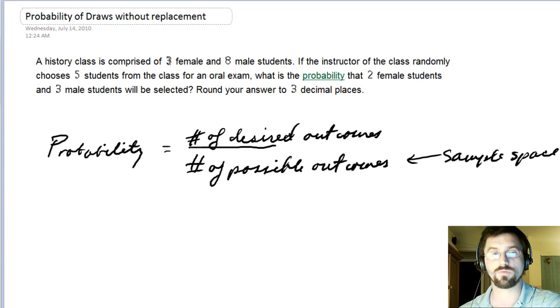A history class is comprised of 3 female and 8 male students. If the instructor randomly chooses 5 from the class for an oral exam, what is the probability that 2 female and 3 male students will be selected? And we're going to round our answer. Okay, so we have 11 students.